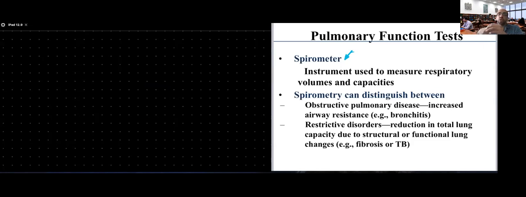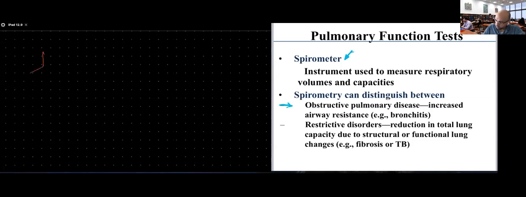Why is it important to identify the lungs volumes in a person? This will give us an idea whether the person has an obstructive pulmonary disease, so he has a problem with the airways, or he has a restrictive lung disease affecting the lung tissue itself.